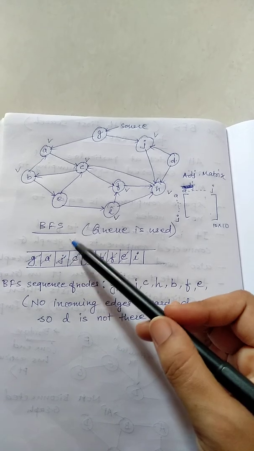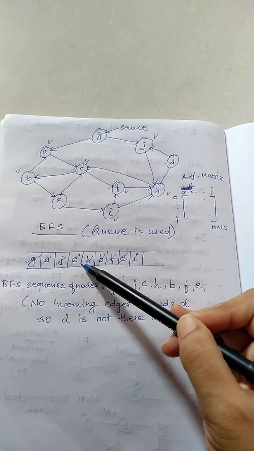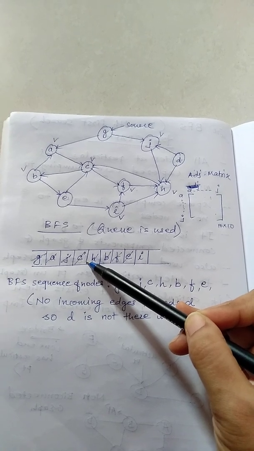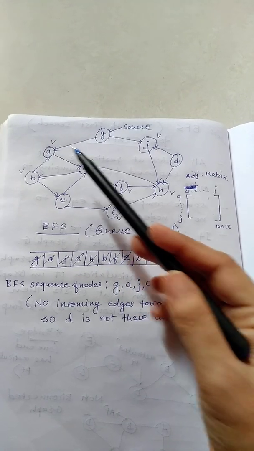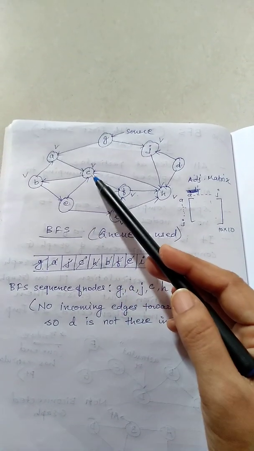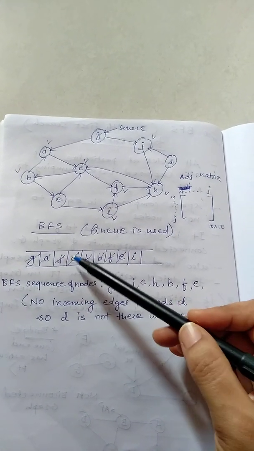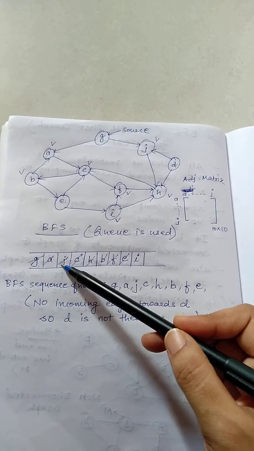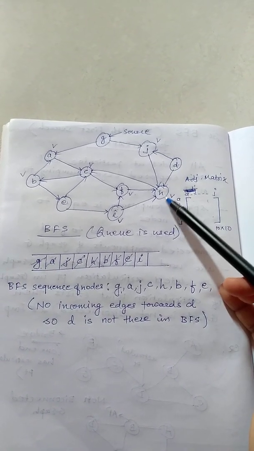We repeat the process of removing a node, inserting its adjacent nodes and marking their status as visited. So remove A, print it, insert all the adjacent nodes of A and mark them as visited. The adjacent node of A is C, so mark it as visited and insert it. Again, the queue is not empty, so delete J, print it, insert the adjacent nodes of J and mark them as visited.